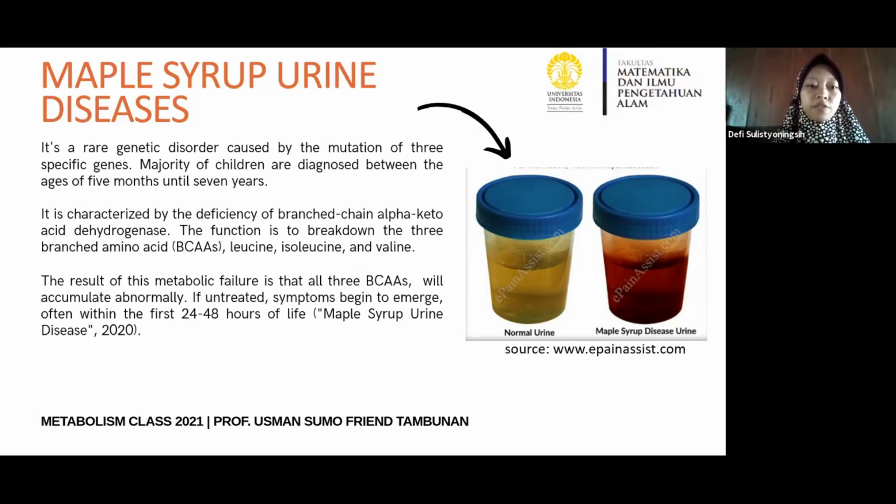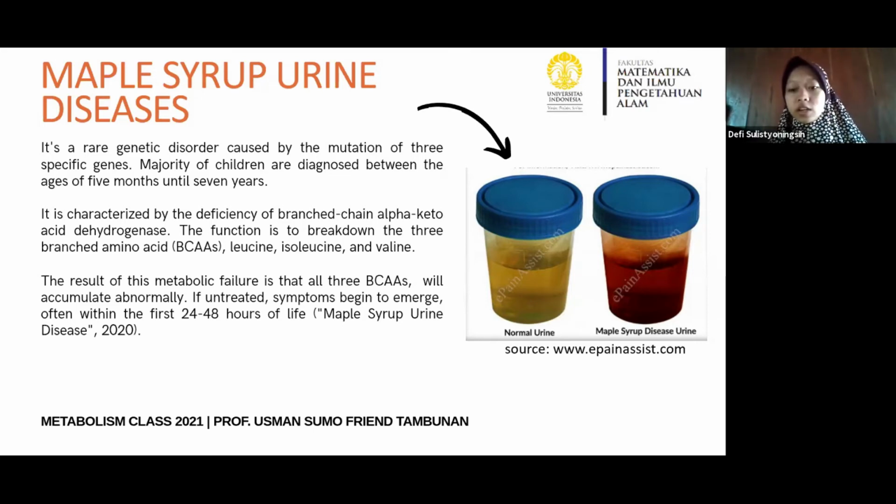The majority of children diagnosed with maple syrup urine disease are between the ages of 5 months and 7 years. It is characterized by a deficiency of branched chain alpha-keto acid dehydrogenase, a complex enzyme that has the function of breaking down the 3 branched chain amino acids: leucine, isoleucine, and valine. The result of this metabolic failure is that all 3 BCAAs and their toxic byproducts accumulate abnormally within the body.